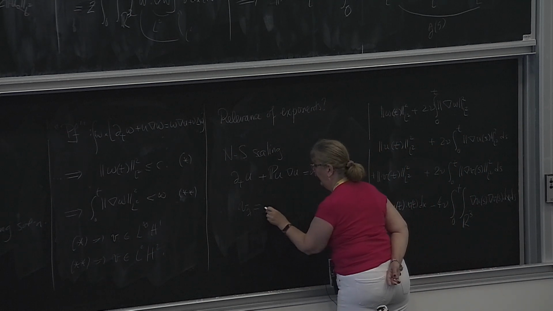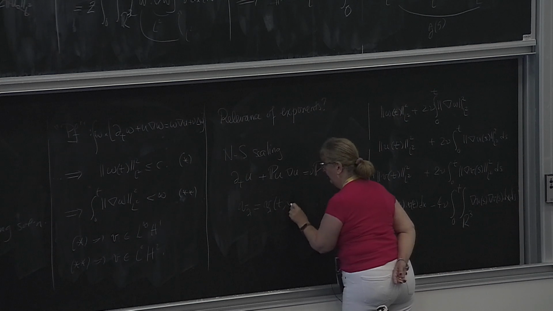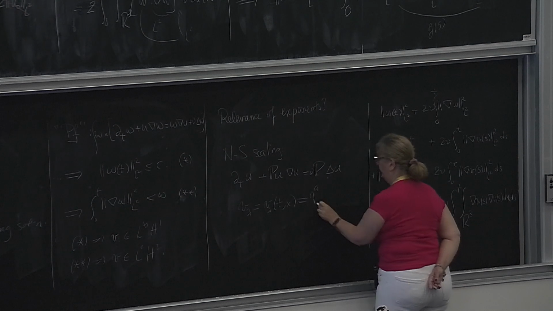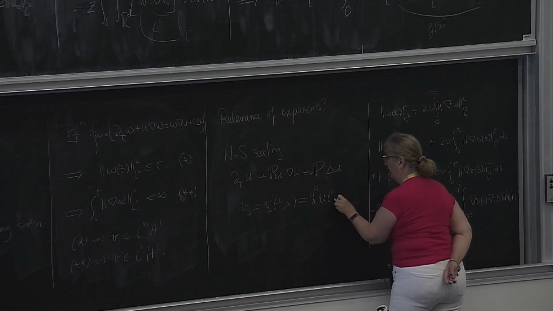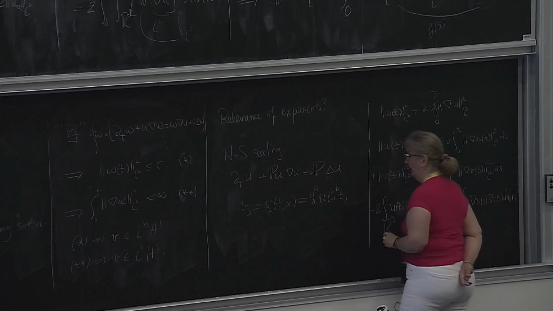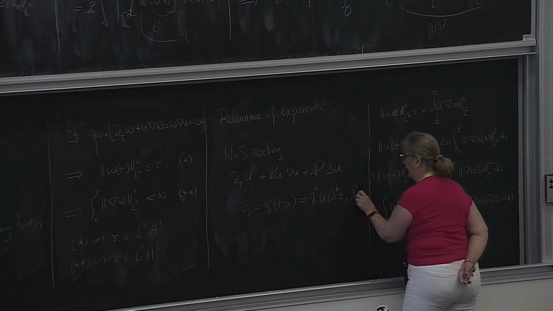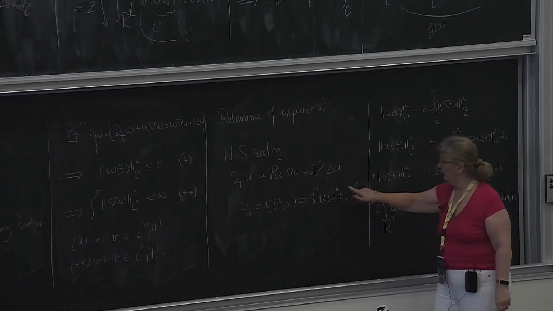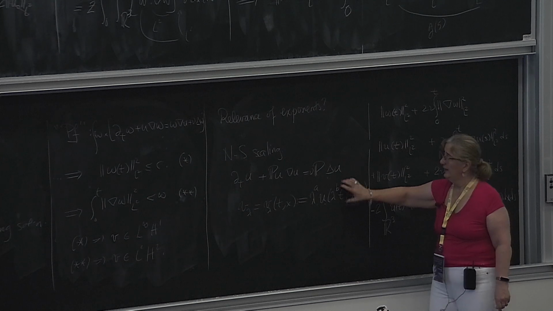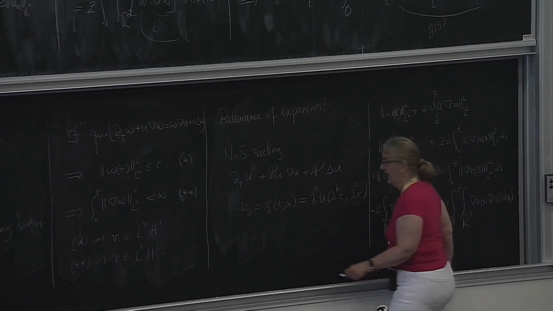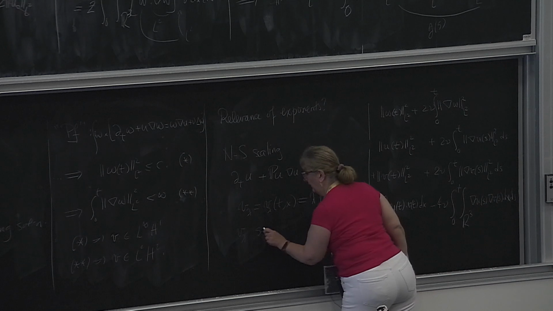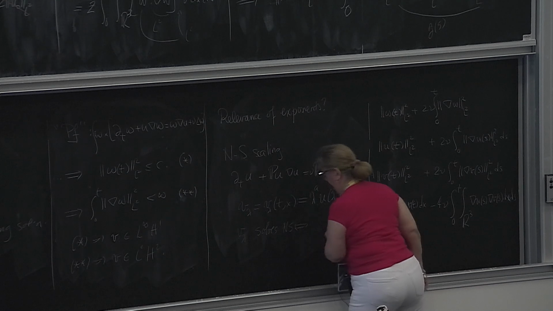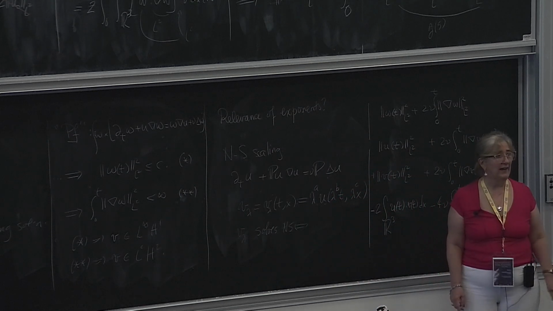I'm going to write V lambda to be lambda to some power A times U of lambda to another power B times t, and lambda to a third power C times x. Suppose I want to ask what A, B, and C are so that V lambda satisfies Navier-Stokes for all values of lambda.